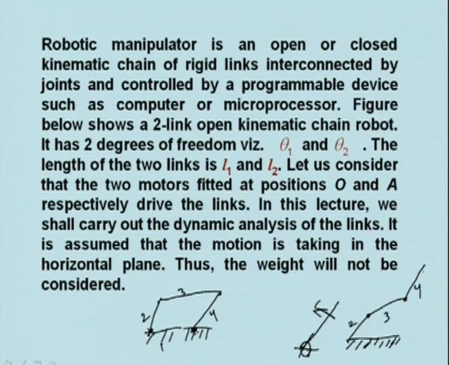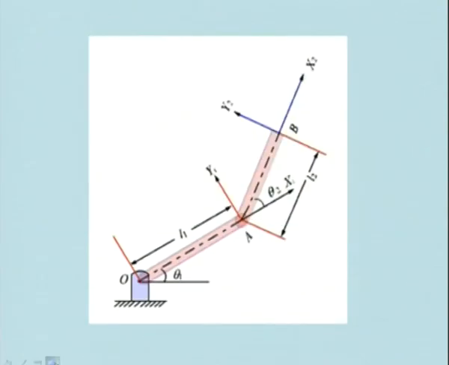Then we take the example of just a 2-link robotic manipulator. Only 2 links are there. This is an open kinematic chain with 2 degrees of freedom. Even that, you see, will give us complicated equations. Here link 1 is of length L1, and this angle is theta 1, and it is pivoted about point O. It can rotate, one motor is put there, and link 2 is about this one.